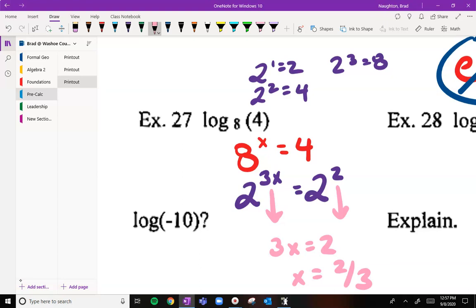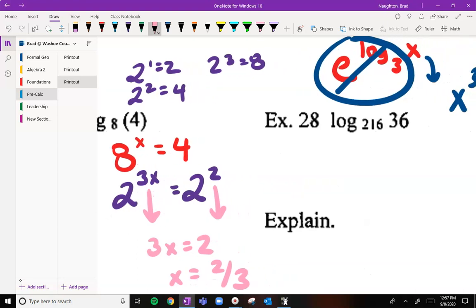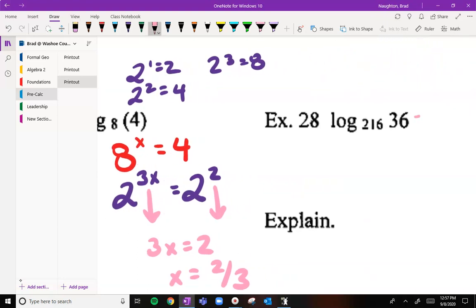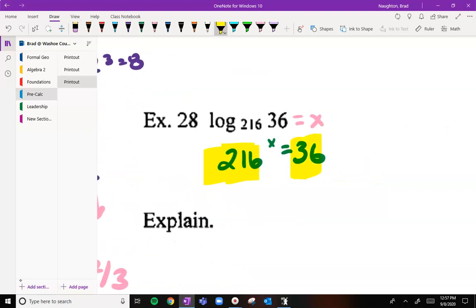All right, let's go to the next one here. Set this equal to x. So 216 to the x is equal to 36. Well, you might be looking at 216 and going, I'm not sure what makes that. But I know 36 using my exponents is 6 squared. So what's 6 cubed then?